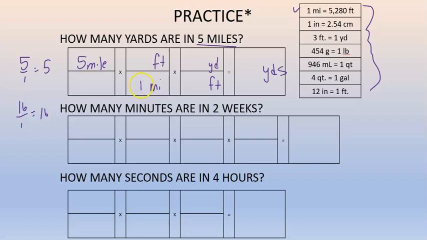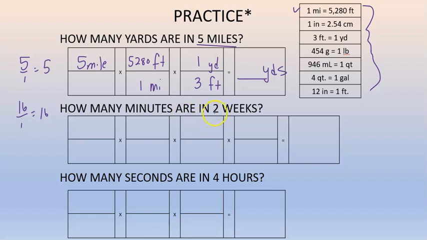We have 1 mile equals 5,280 feet. We have 3 feet equals 1 yard. So it looks like we're going to do some multiplication, but we're also going to do some division. So we would do 5 times 5,280 times 1. And then we would divide that by 1 times 3, which is basically 3, so that would be divided by 3. So go ahead and put your answer there. We'll get back to that one.